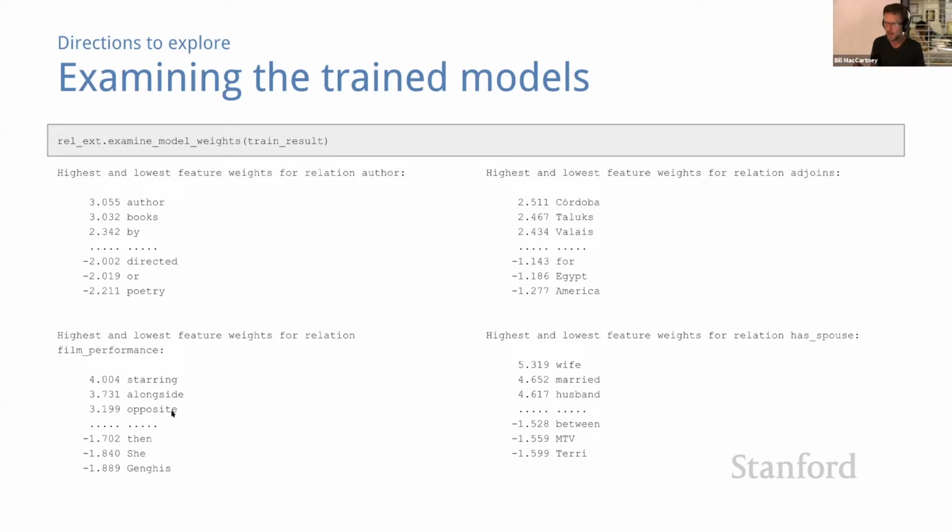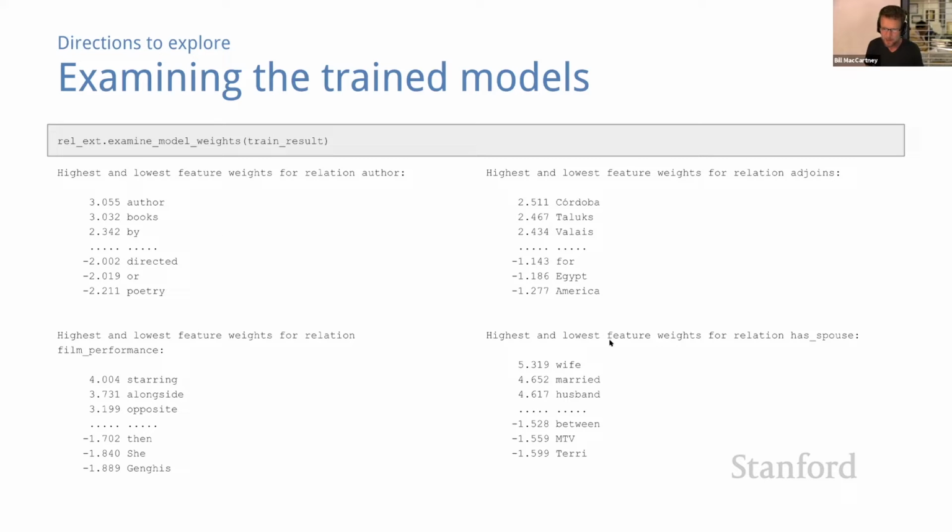X appeared in Y alongside Z. So you have Y alongside Z, that indicates that Z is an actor that appeared in film Y. And I think something similar happens for opposite. So it does make sense that these are strong indicators of the film performance relation.